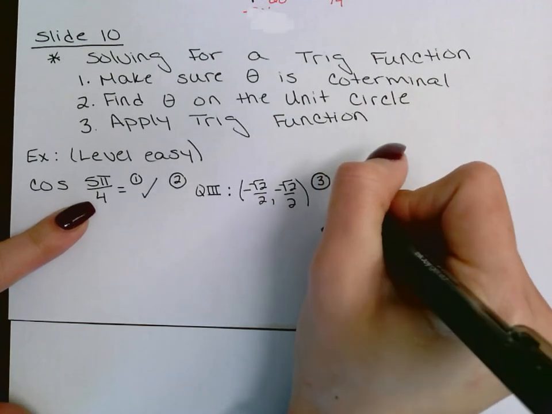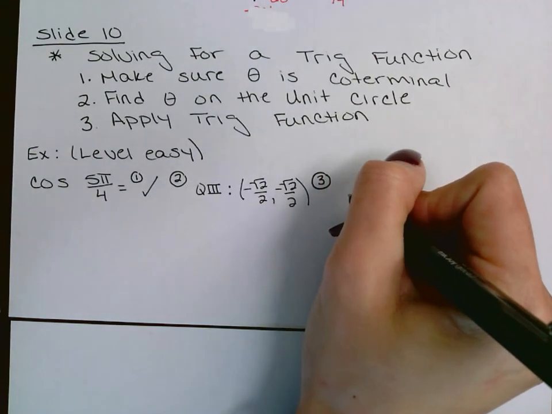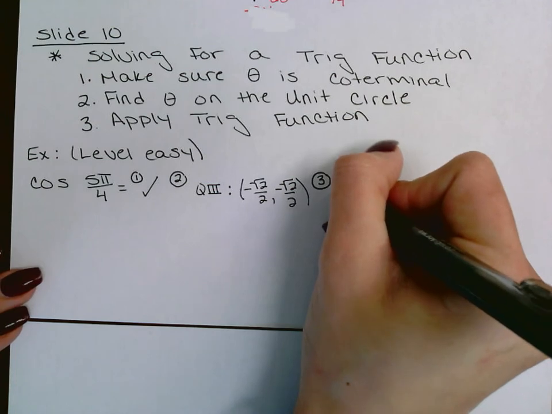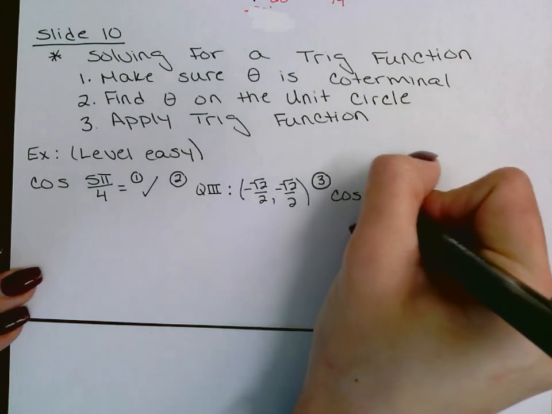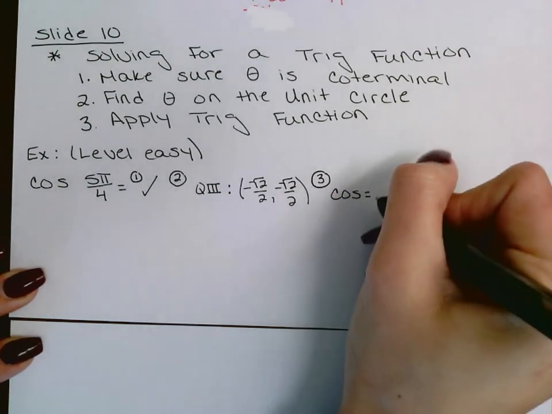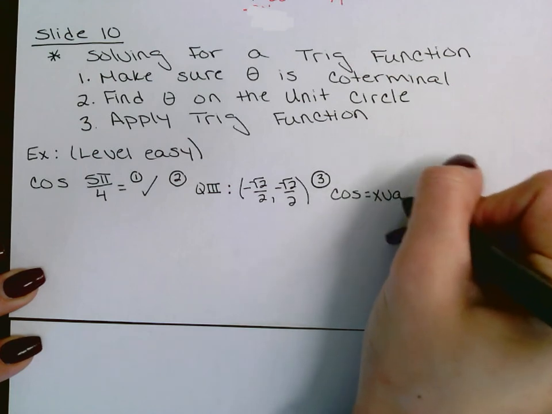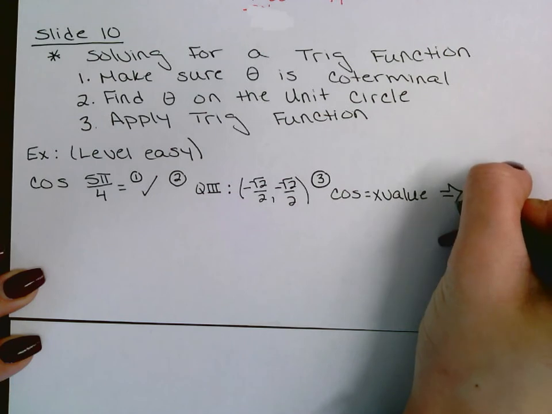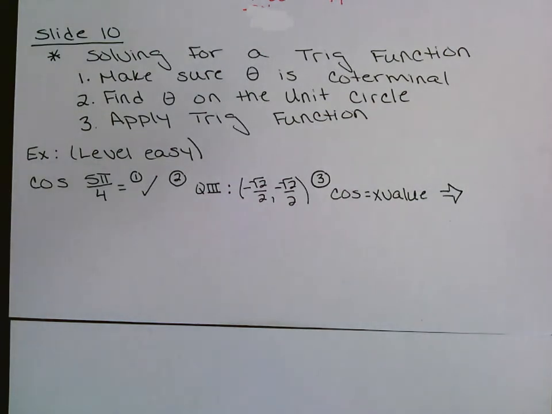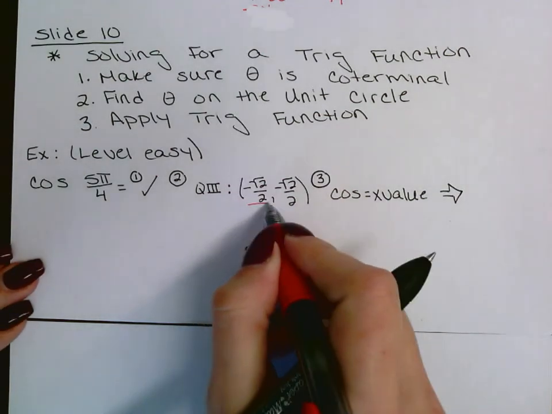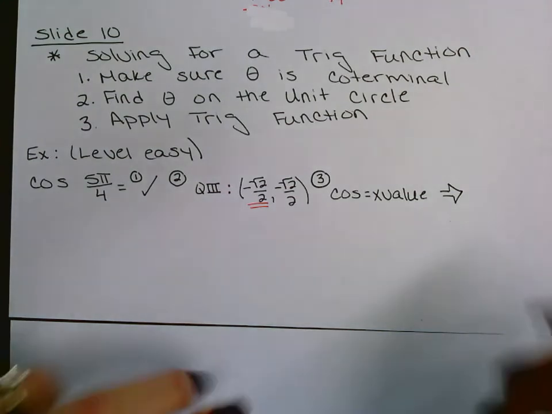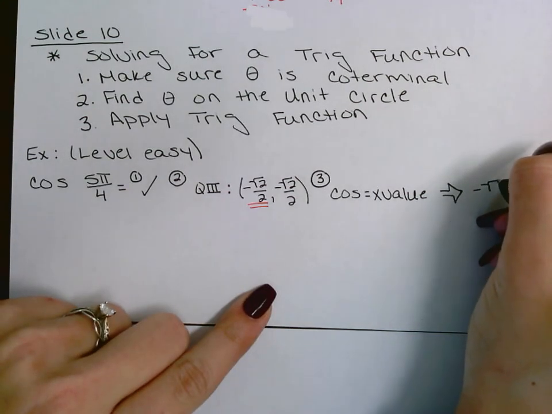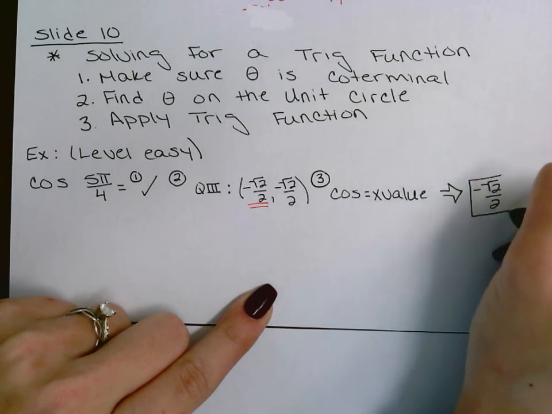Step 3 is apply the trig function. What is the rule for cosine? It's the x value. Okay? So, what is my answer here? Negative radical 2 over 2. This is what you're going to go through for each of these questions, okay?